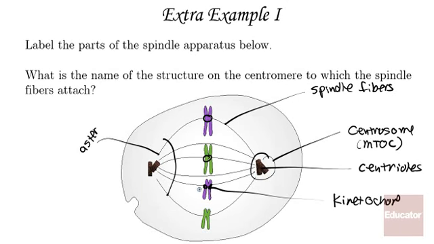The spindle fibers from the other pole attach to the other kinetochore, giving the setup that will allow the sister chromatids to be pulled apart. So the answer to this question is that the spindle fibers attach to the kinetochore. And the kinetochores are located on the centromere.